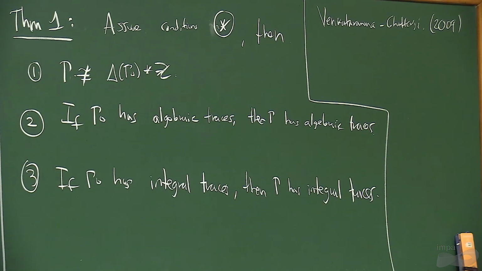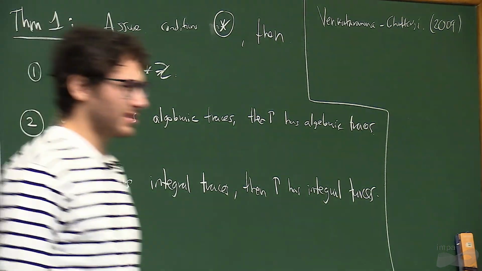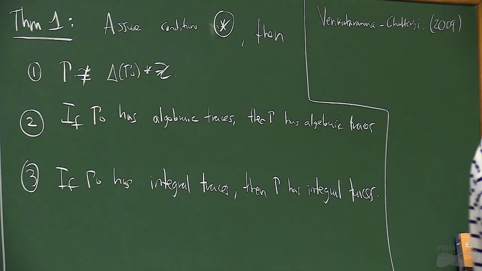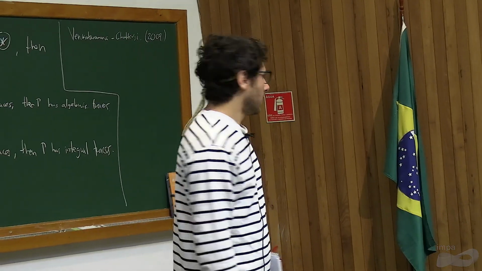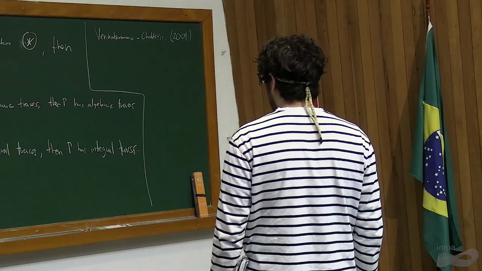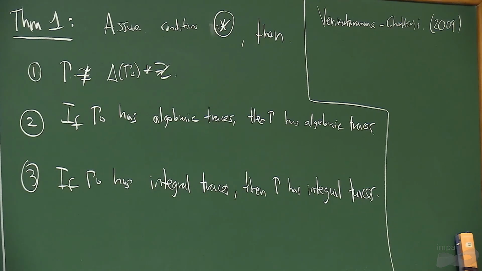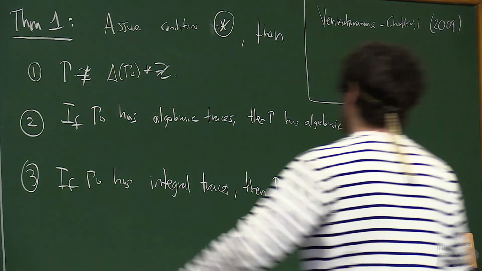I have one. Is your result effective, in the sense that you have bounds for the trace fields, for the extension of fields? Effective, I mean, you have to give me gamma in some way.